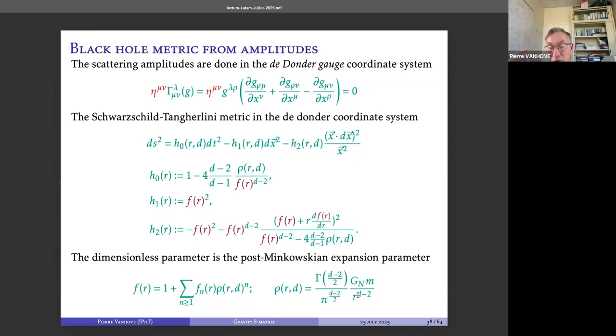Little d is the number of space dimensions, so in 4 space-time dimensions, little d is 3. This is the standard 2GM over r factor. But there is a function here that is strange because it has an infinite series expansion. It has to do with the fact that you are not imposing the harmonic gauge condition equals 0, but eta mu nu, which is a very different gauge from the harmonic gauge.